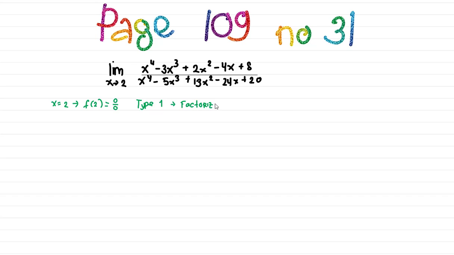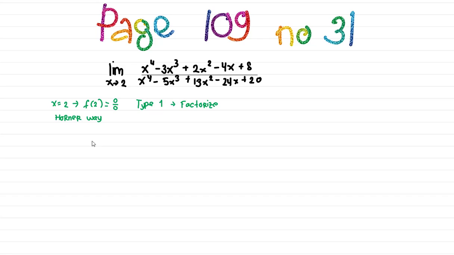factorization. So we have to divide this part of the polynomial by x minus 2. So before having the limit result, we will do the division of the polynomial. Here what I use is the Horner way or the scheme method.